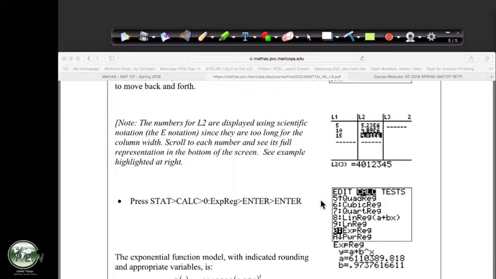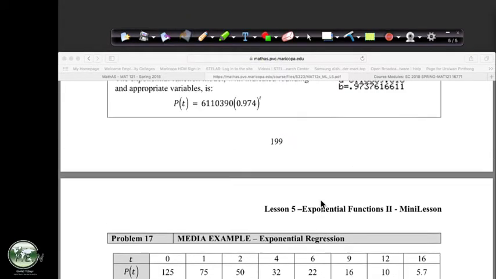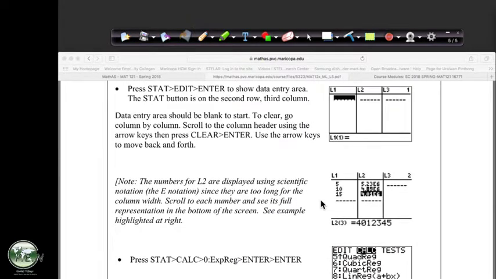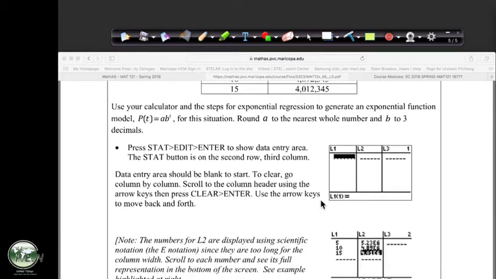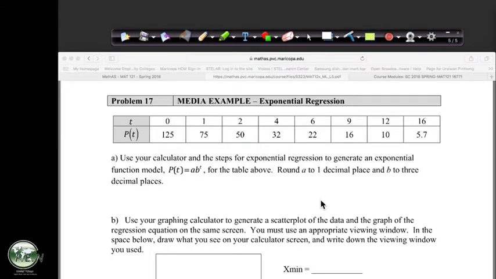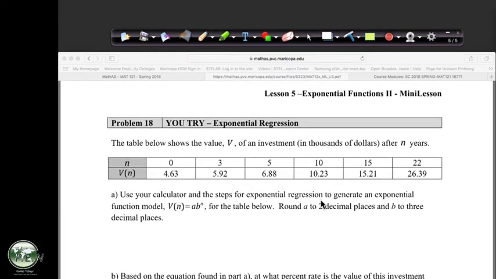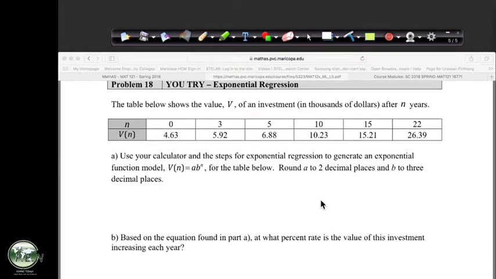And again, if you want to cut and paste these into your notes, that's fine too, because at the beginning they're kind of helpful. Let's see, what was this one for? This is a worked example, so they're going to work through it. Let's do this. Here's a media example that they will show you. So there must be a you try. How about we do this you try together?